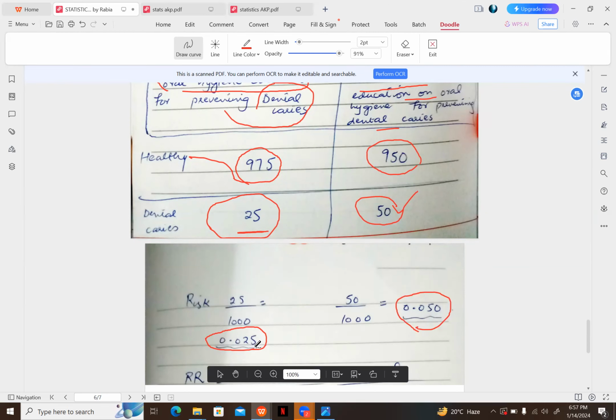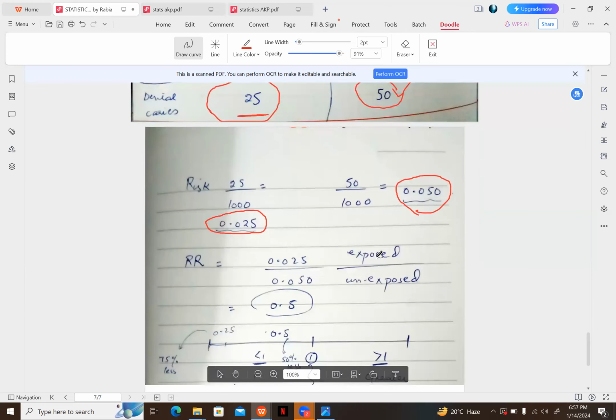So you just take the ratio of these two numbers and this becomes the relative risk, that is the exposed population divided by the unexposed population, and it comes out to be 0.5. This 0.5 is the relative risk, and again we draw this on this diagram.